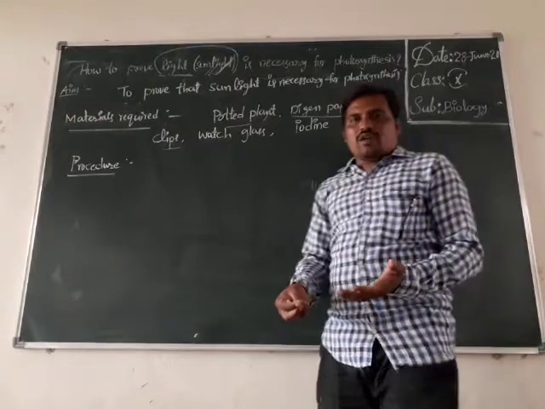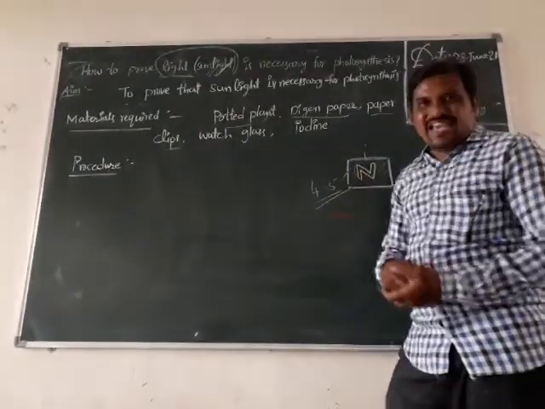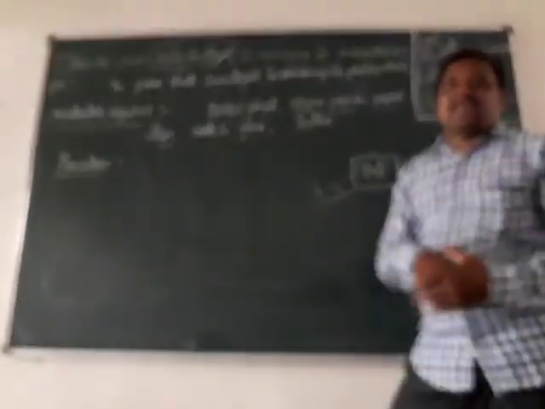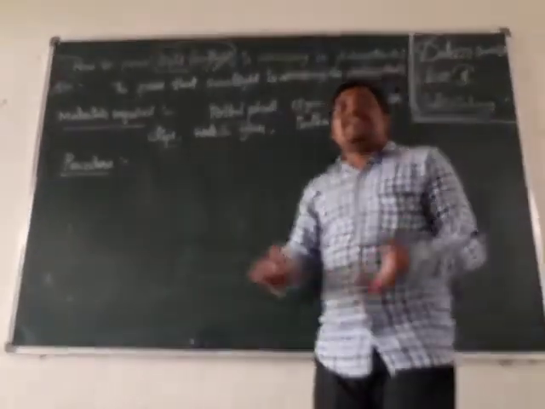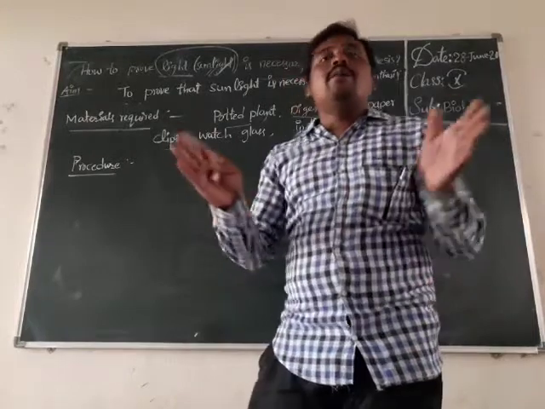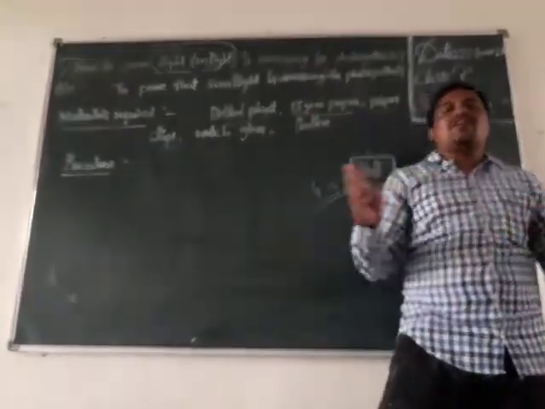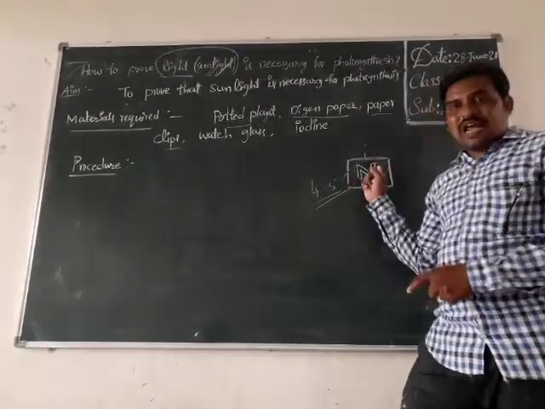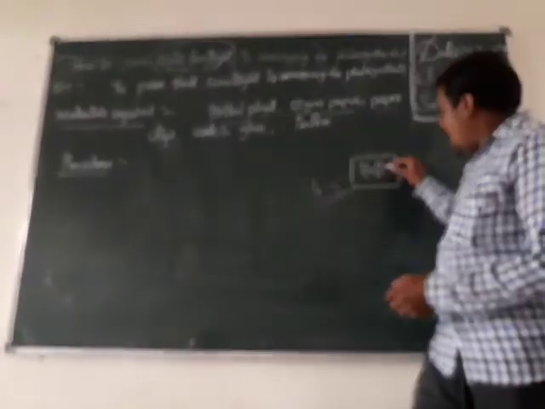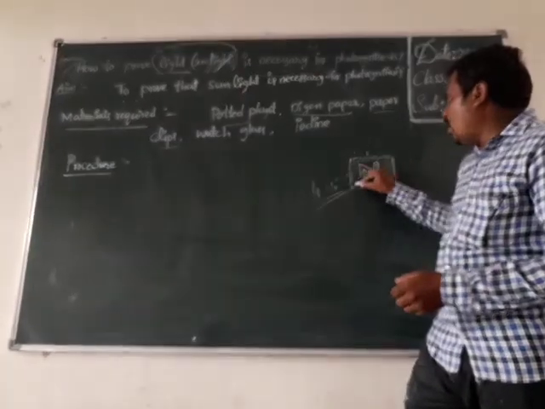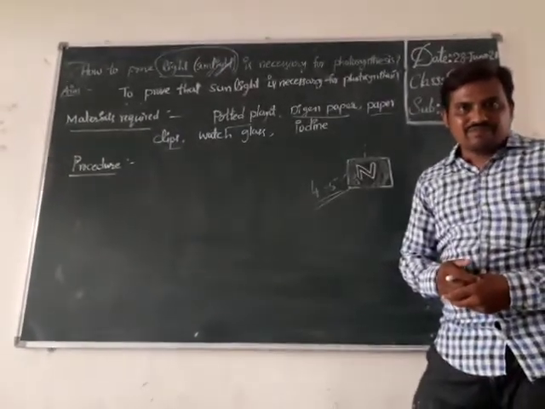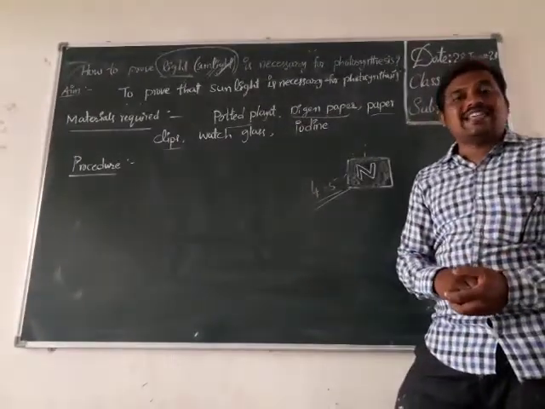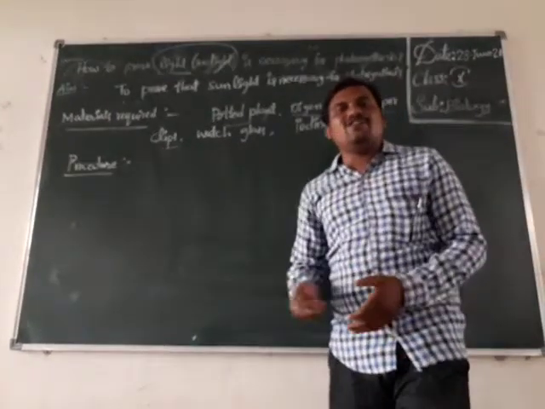Observation. When we pour iodine on the leaf, only the design place, where light was allowed, turns blue or black, and the remaining place does not turn blue or black, because the design place allows light onto the leaf, and the undesigned black paper does not allow light onto the leaf.